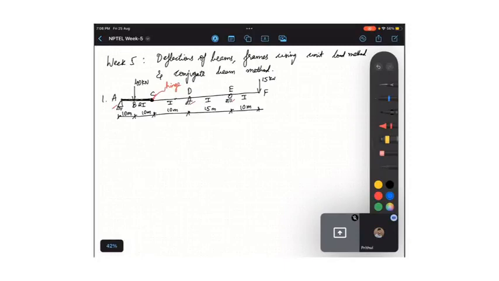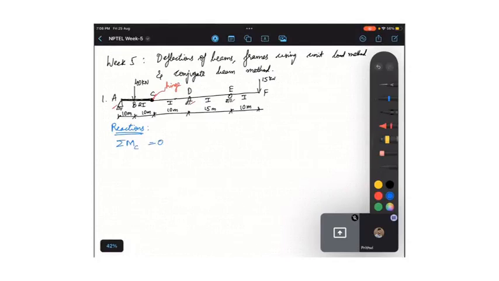Let us find the support reactions first. Let us take moment about the hinge, that is sigma M about the hinge equal to 0.